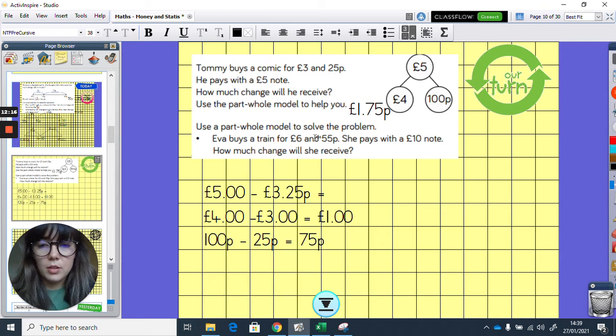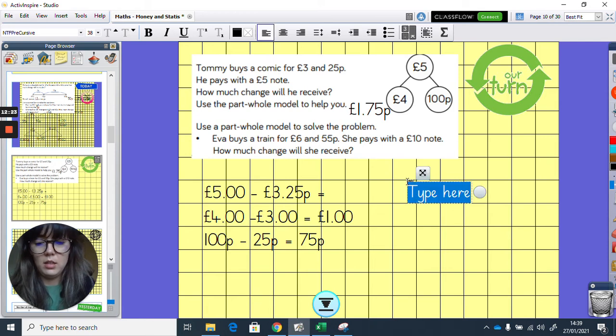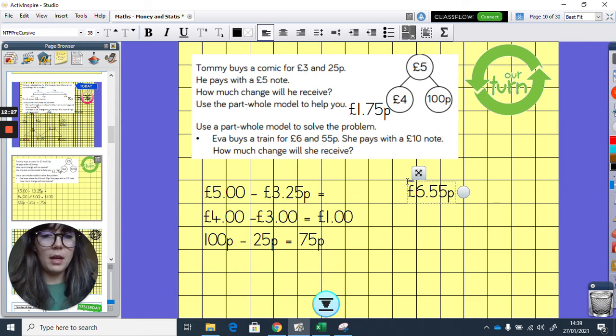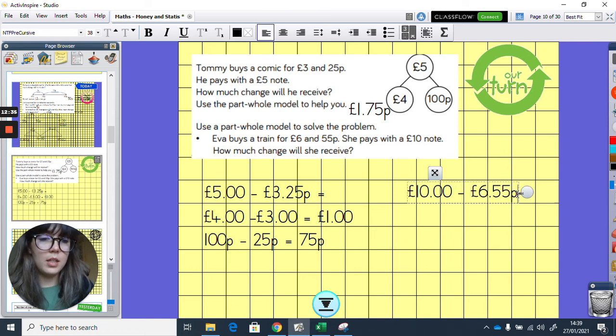Okay, so the next question. Eva buys a train for £6 and 55p. She pays with a £10 note. How much change will she receive? So the question we're doing: £10 take away £6 and 55p.